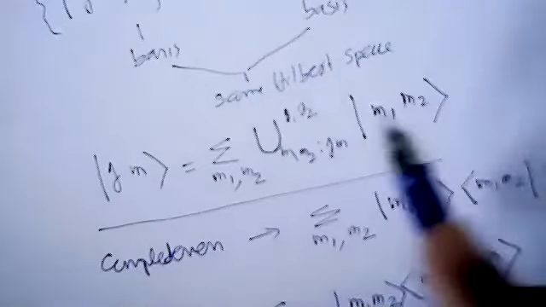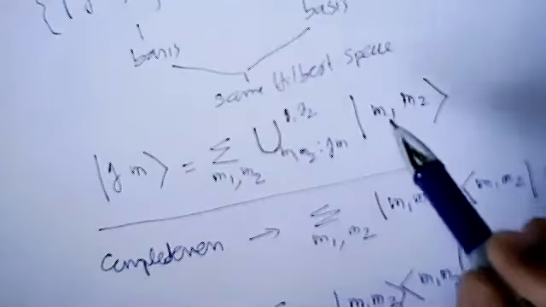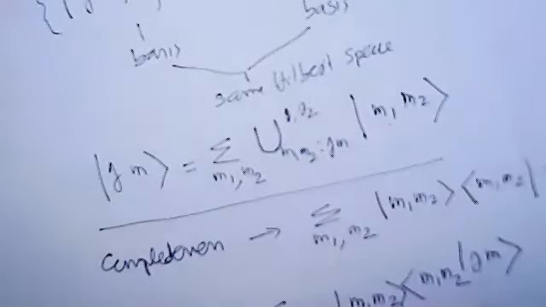So our aim is to find out what is U. If you know U, the unitary operator, you can get the final result. By knowing the initial angular momenta, you will get the final angular momenta. That is the idea.